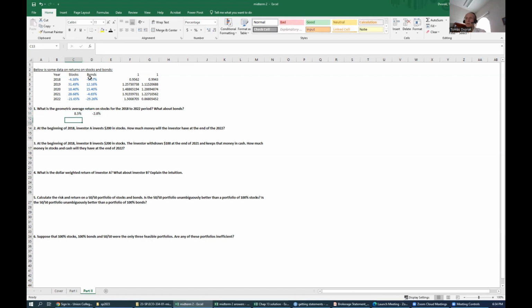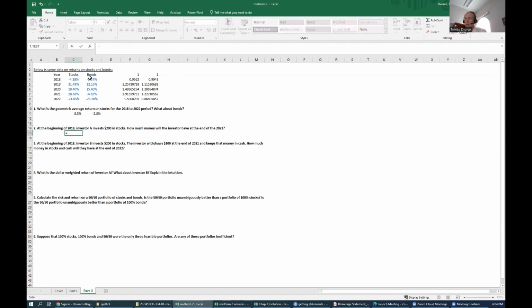That makes perfect sense. At the beginning of 2018, investor A invests $200 in stocks. How much money will they have at the end of 2022? We could actually change 1 to 200, and we would see that they end up with $300. But let's leave it the way we have it.